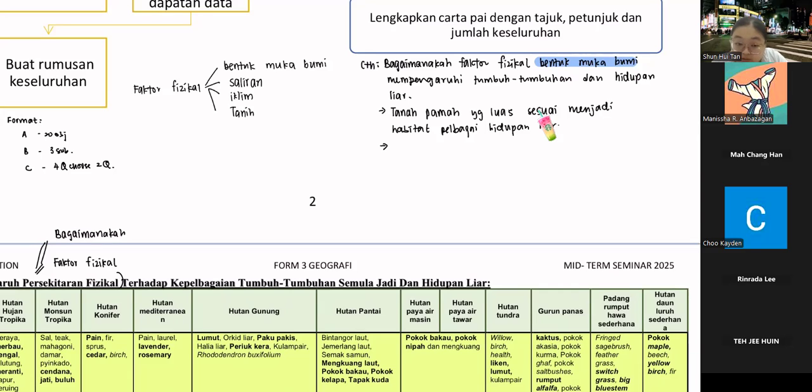Then for your example, you have to say the second sentence. Pelbagai hidupan liar, then what happened?